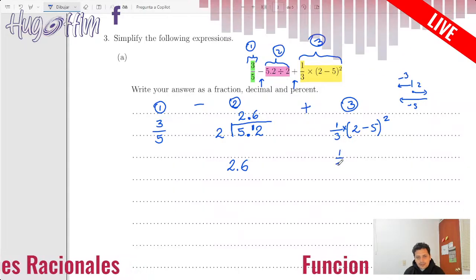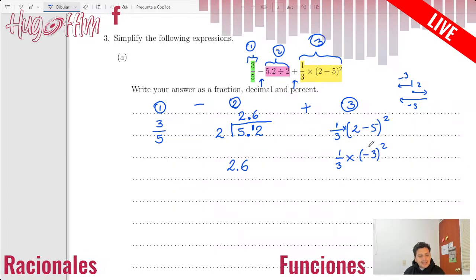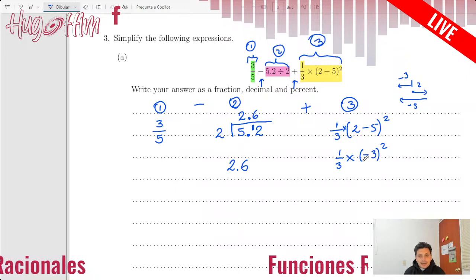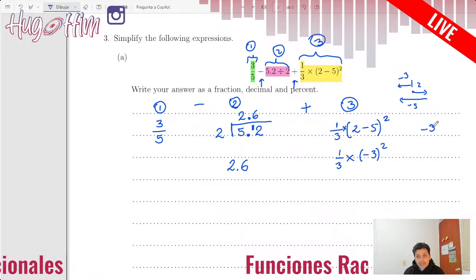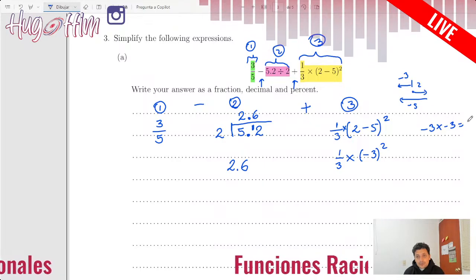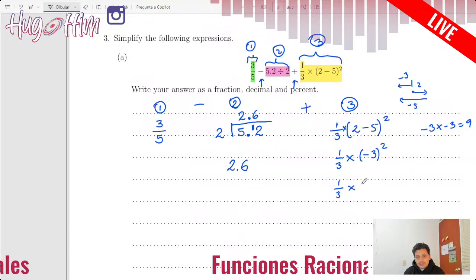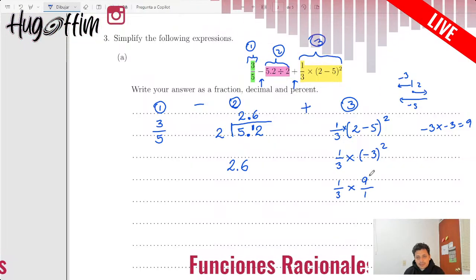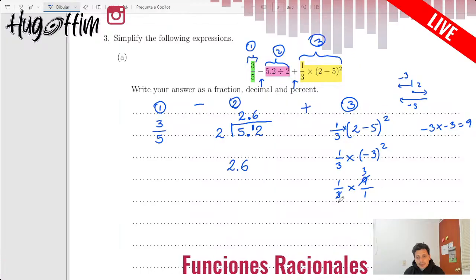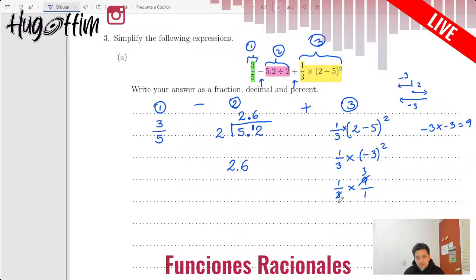So a third times -3 to the second power. -3 to the second power is -3 times -3. So -3 times -3 is going to be +9. So what I got here is 1/3 times +9. I can put 9 over 1 and divide. 9 divided by 3, 3. 3 divided by 3, 1. So the answer of this term is going to be 3.